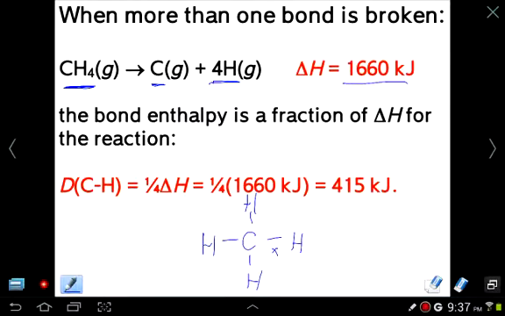Because there are 4 equivalent bonds, we can divide this by 4, and that's exactly what we're doing here. We're taking a quarter of it, giving each bond an enthalpy of 415 kilojoules. This is 1660 divided by 4, giving us 415 kilojoules. So it takes this much energy to break the carbon-hydrogen bond.